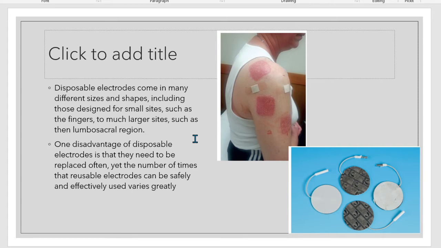They have adhesive, and one disadvantage is that some individuals are allergic to the adhesive. This is an example: there is allergy, redness, hyperemia. Hyperemia is an indication of a first degree burn, right? So it is a burn.